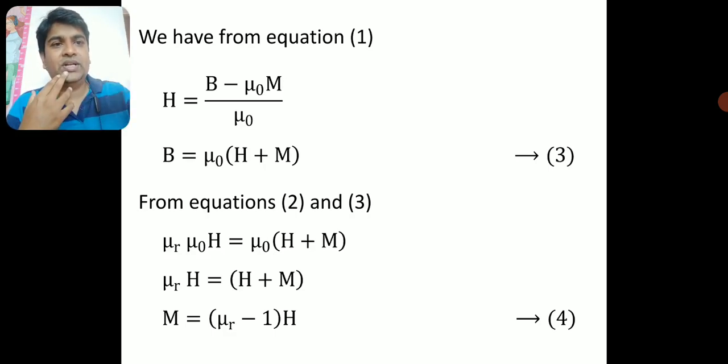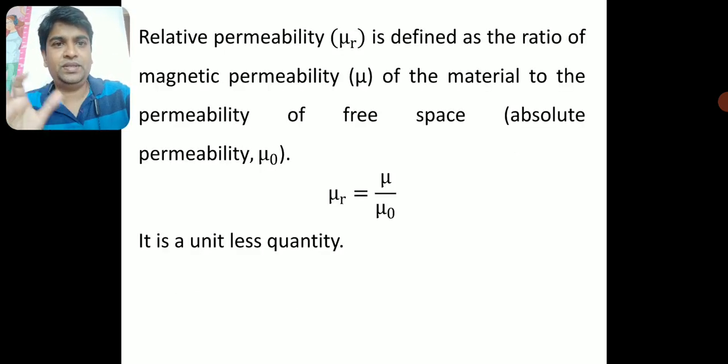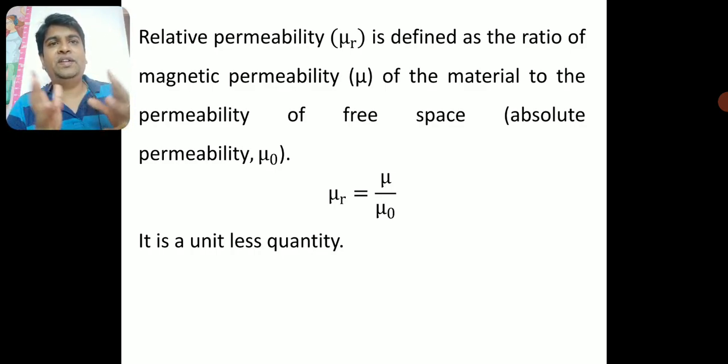Okay, so I got this kind of relationship between M and H. M is the intensity of magnetization and H is the magnetizing force. So now I can define the relative permeability.